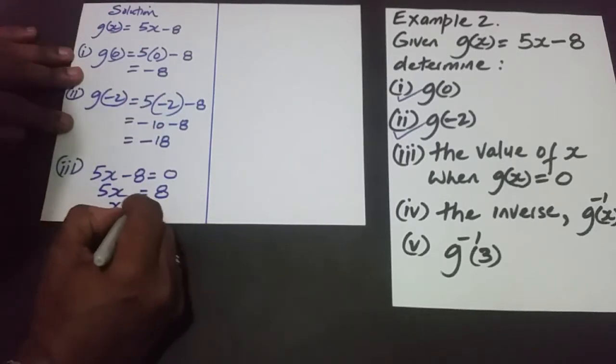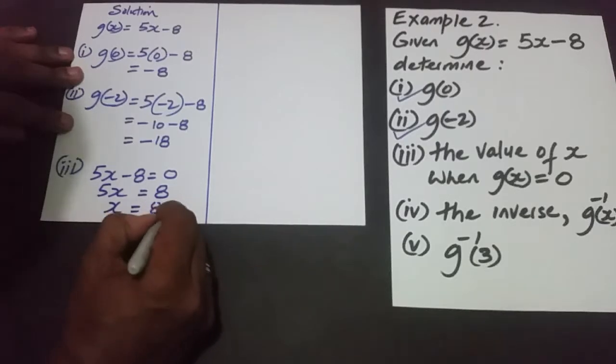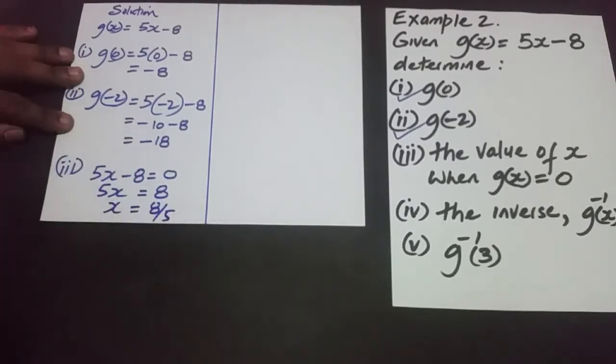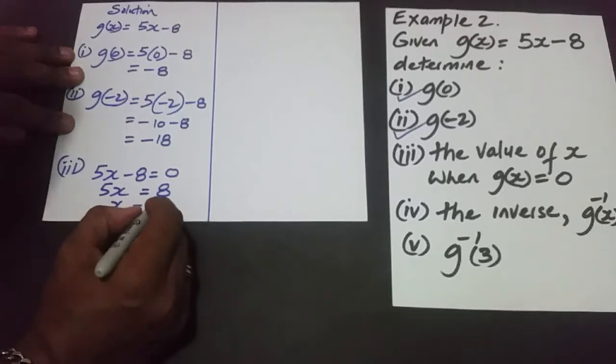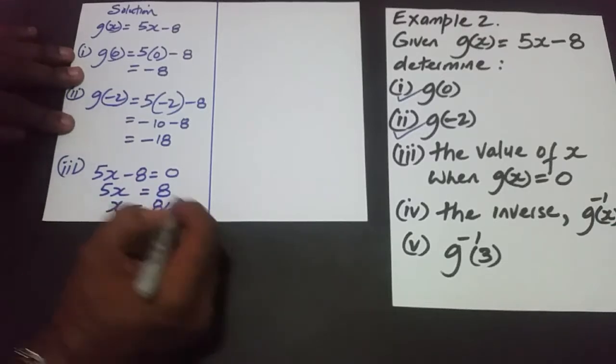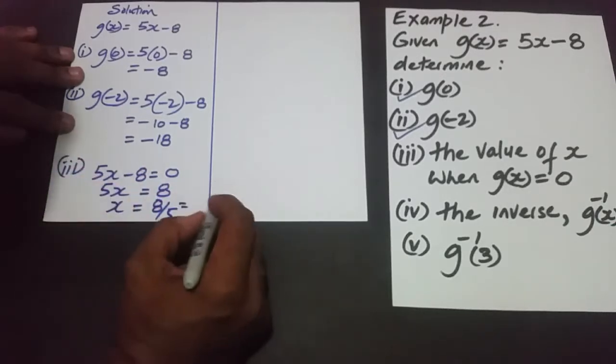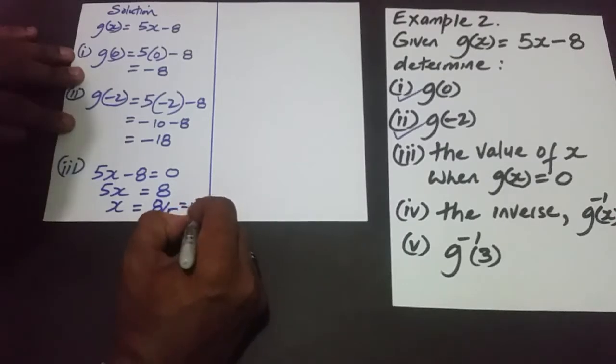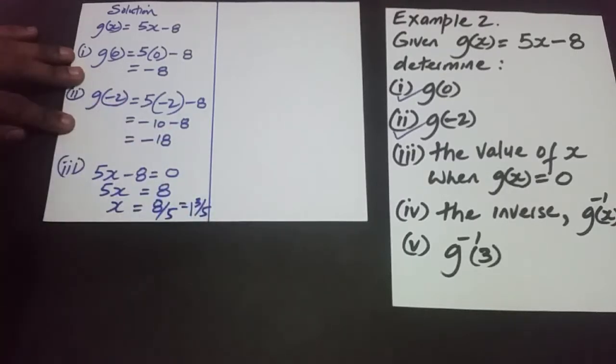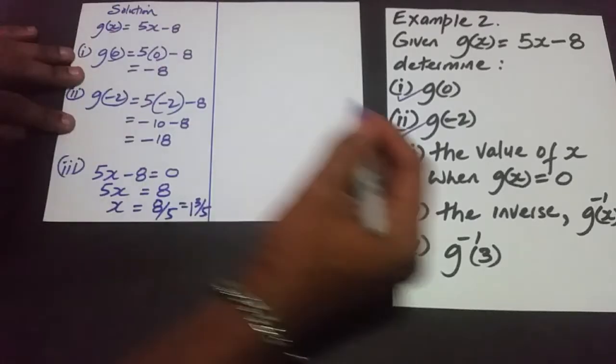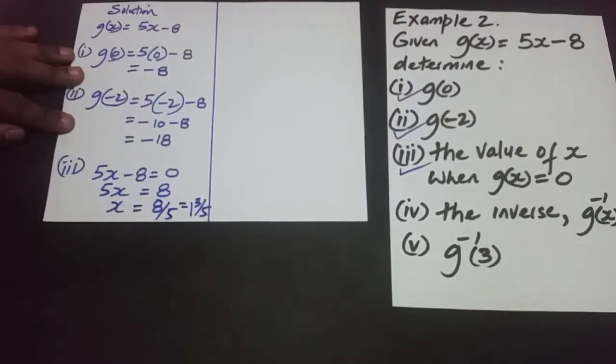And then of course x would be equal to 8 over 5. And of course that is an improper fraction. You don't leave final answers as improper fractions. So 5 can go into 8 one time, and 3 over 5. All right, so that will be the answer to part 3. So that is out of the way.